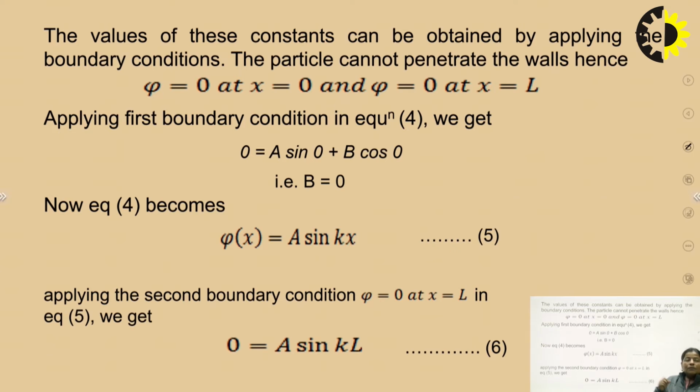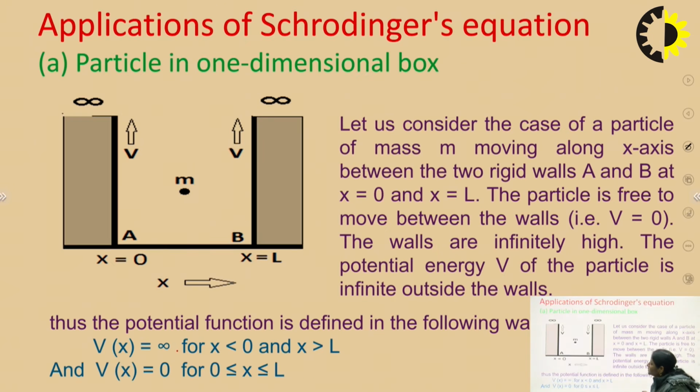So at x equals 0, we understand that phi has to be 0, because we have defined that V is infinite, right? So the potential energy which the particle is experiencing is infinite. So it will not be able to cross over the walls.